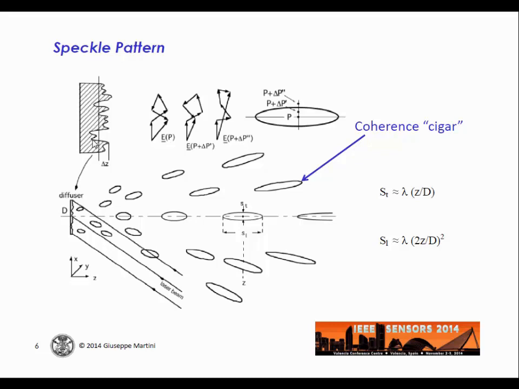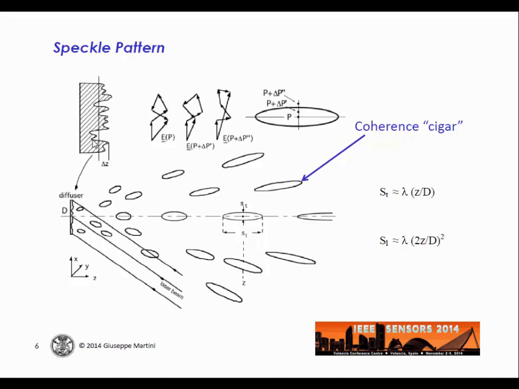So you can treat each point, each correlation area at the target, as an independent point source with, for example, same amplitude, but with a totally random phase.